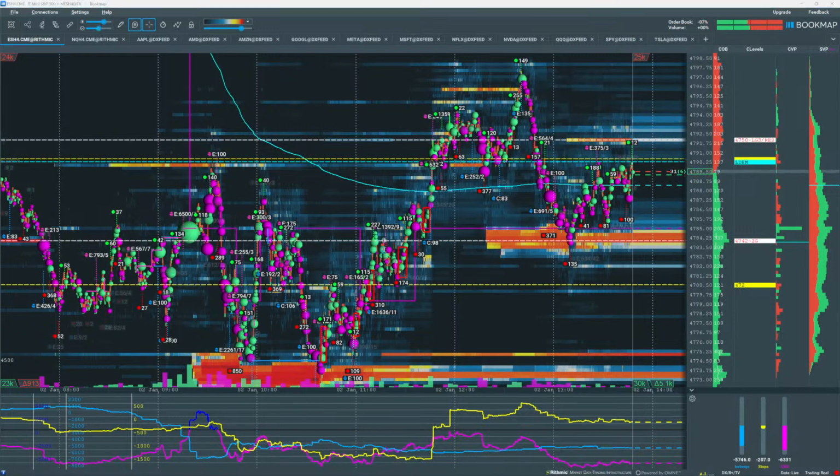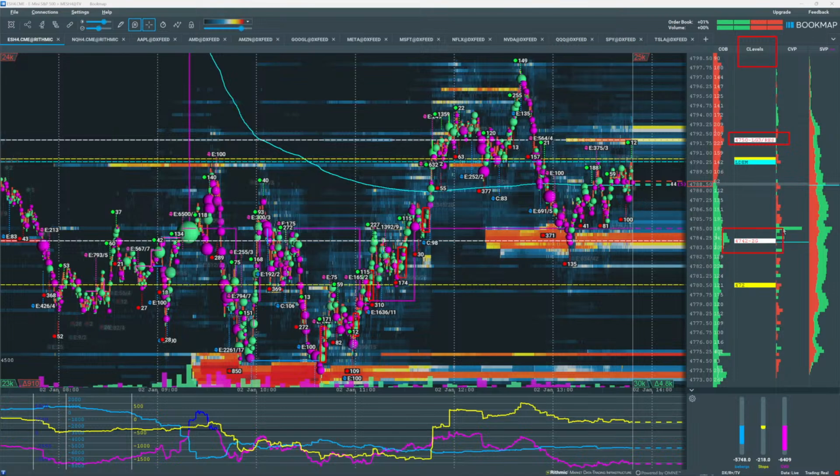So let me show you what I have in this chart. I have my own cloud notes, so I can show SPX levels and SPY levels on the same chart. So here's that SPX 4750 level, and here's the zero gamma level 4742 that acted as resistance and then support.